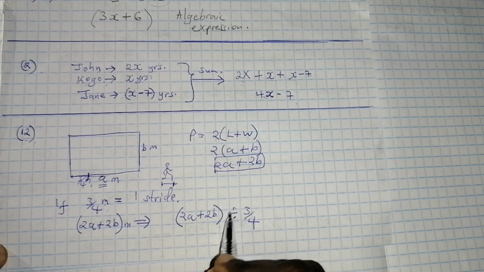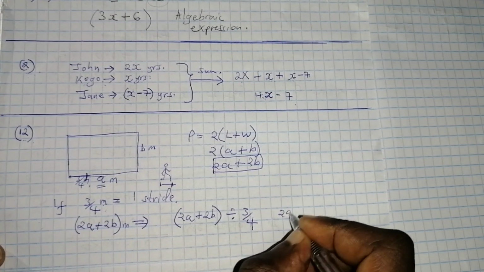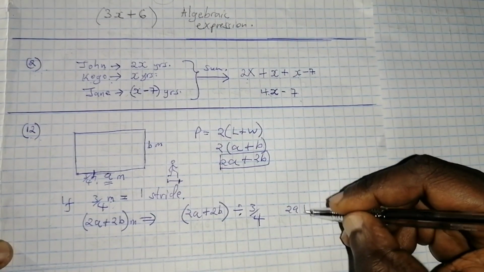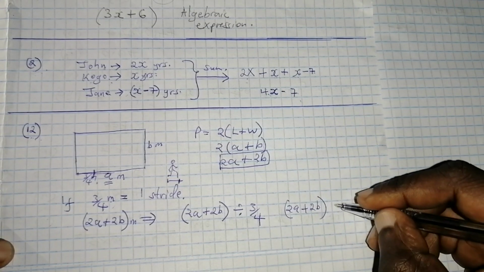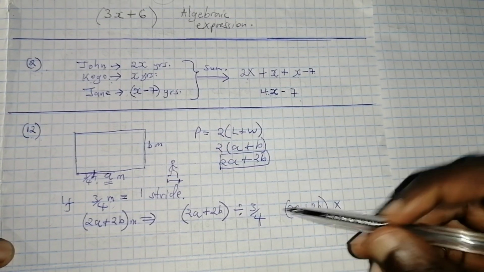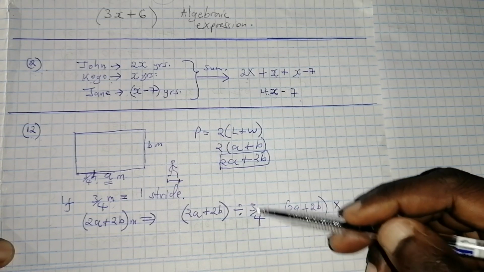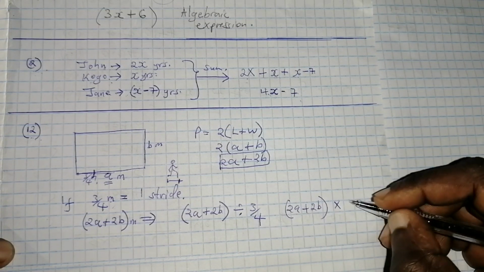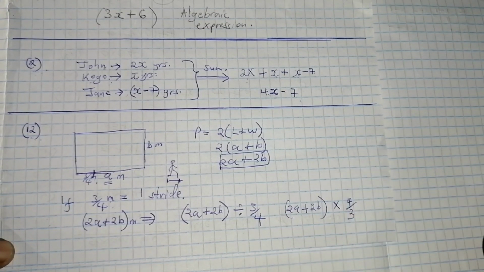When we change this into multiplication, we'll simply have 2A plus 2B, all of it in brackets. When we put the multiplication sign here, the arrangement changes, and that 4 will be up and 3 will finally be down.